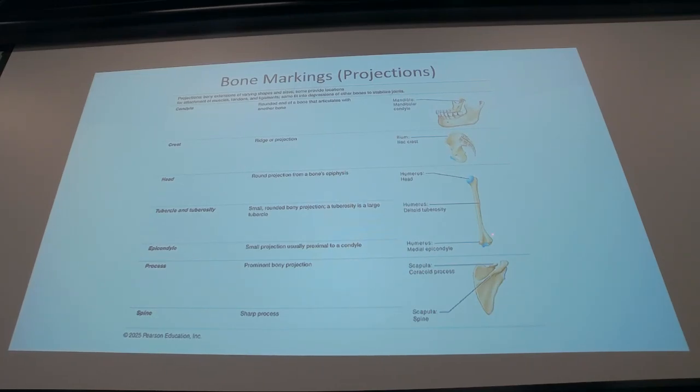So, we have an example of the condyles here in the humerus. This part, which is called trochlea, in the humerus is a condyle. And then above this condyle, the trochlea, we have a medial epicondyle and a lateral epicondyle.